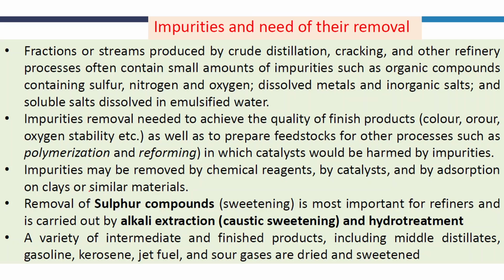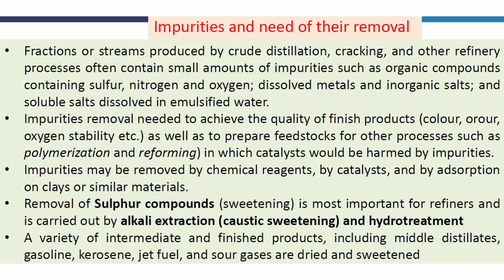Removal of sulfur is basically done by the sweetening procedure, which is by alkali extraction. Sulfur is present in the form of basically H2S, which is acidic in nature. So if we neutralize this acidic H2S by using some kind of alkali, such as NaOH, we can remove this sulfur from the crude oil.